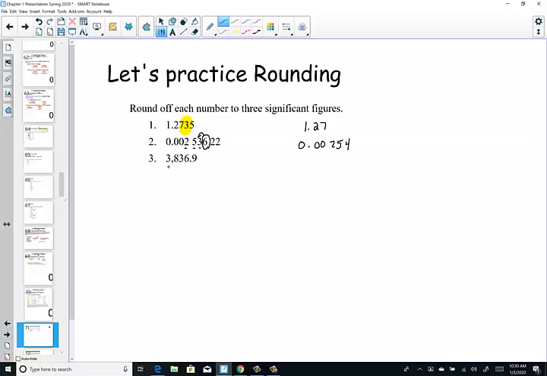And here's a large number, 1, 2, 3 sig figs. So this is the number I have to drop. Keep in mind we need the magnitude of the number to stay the same.